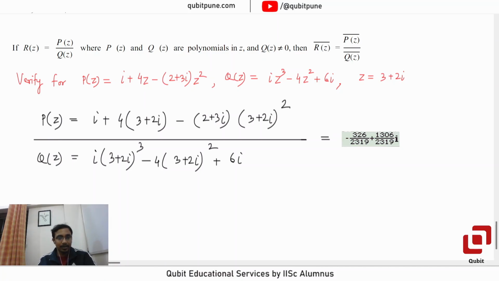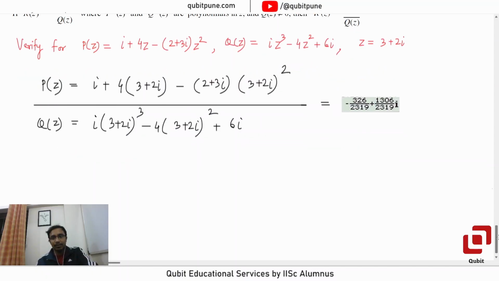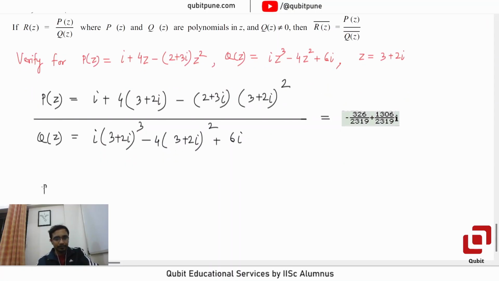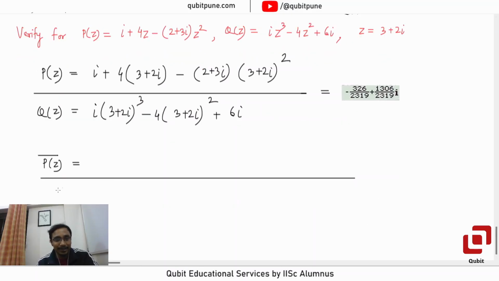Now, can someone tell me what will be P of Z the whole bar upon Q of Z the whole bar? We know the result. I want you to tell me the numerator and the denominator. Let's start with the numerator. Complex conjugate of i, negative i.